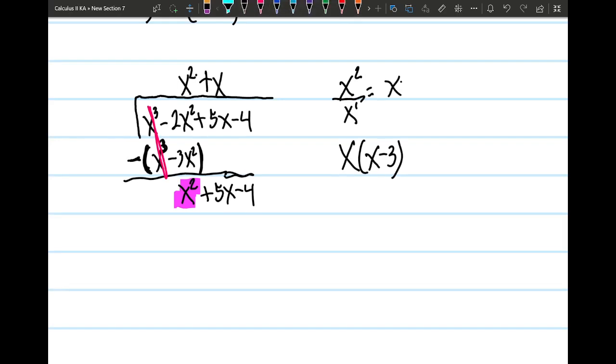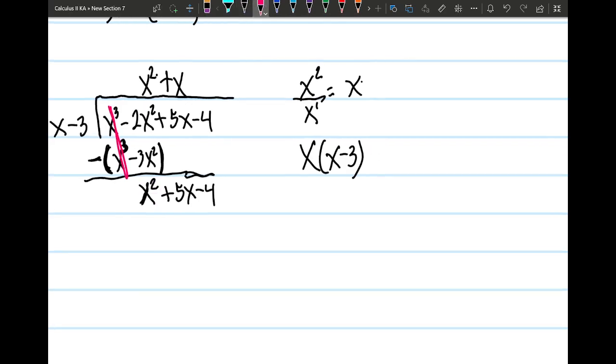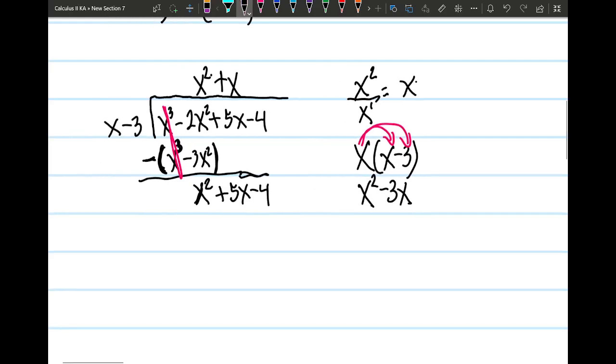Sorry guys, I want to take off the highlights. Okay, so basically we would do x times x minus 3. Distributive property, we get x squared minus 3x. That's what we would put, but again, make sure you put minus and parentheses. We would put it right here.